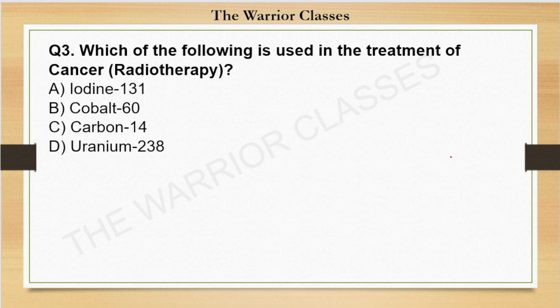Now, next question. Our question number 3 here is which of the following is used in treatment of cancer or radiotherapy? The correct answer of the question will be option number B, cobalt 60. It is emitting high energy gamma rays which kill the cancer cells. Now iodine 131 is for treatment of thyroid.